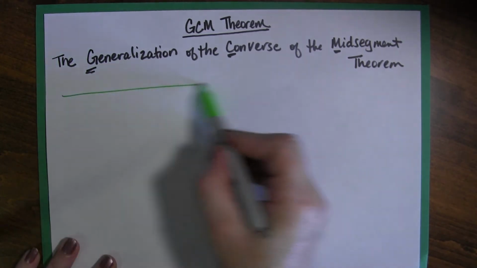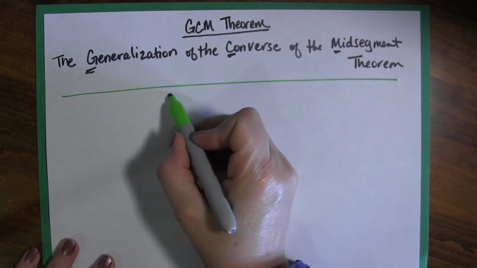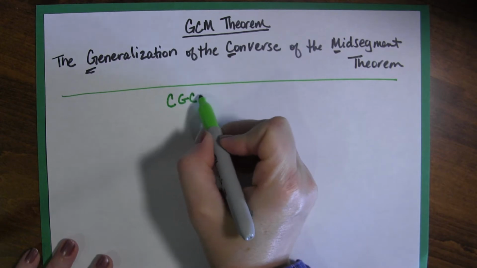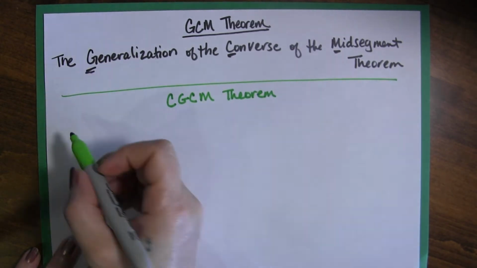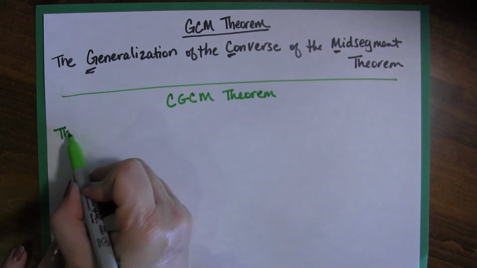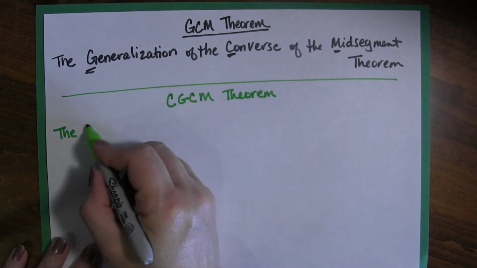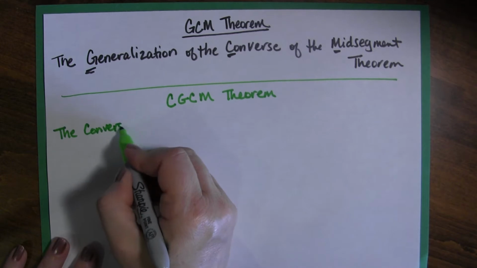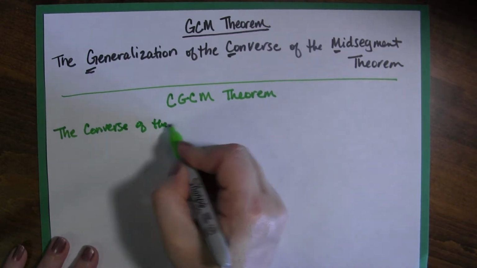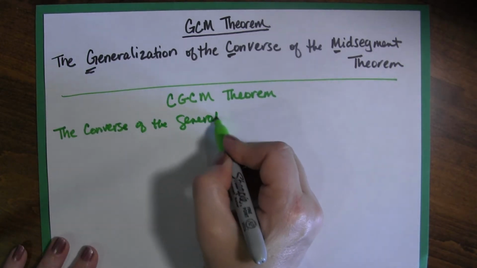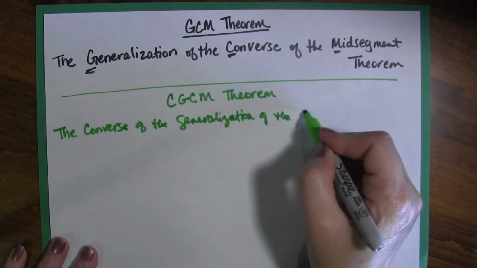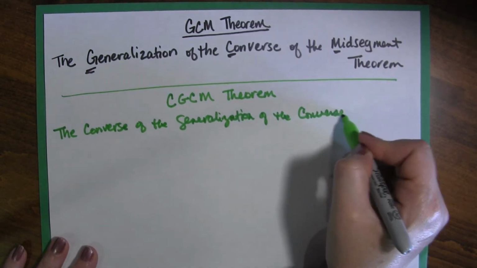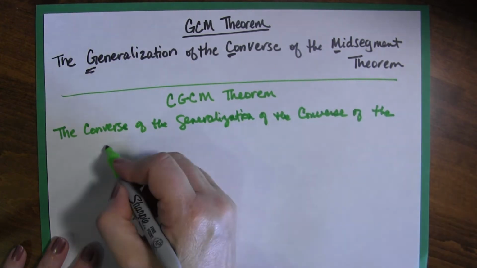There's also this thing called the CGCM theorem, and that is short for, don't write this down either, the converse of the generalization of the converse of the mid-segment theorem.